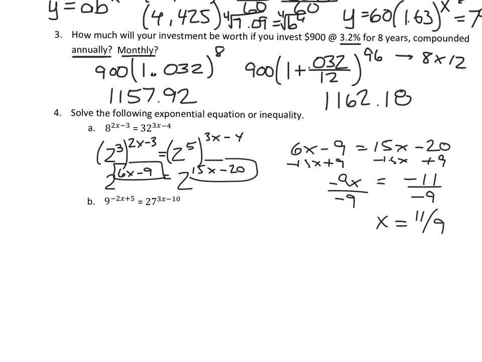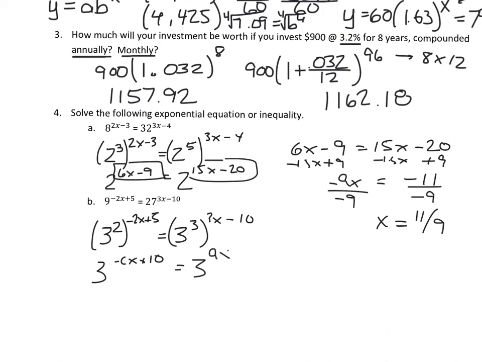Part B, 9 and 27 are both powers of 3, so I'm going to write 9 as 3 squared, 27 is 3 cubed. This is being taken to the negative 2x plus 5, 27 is being taken to the 3x minus 10. Power of power again, so it would be negative 6x plus 10, 3 to the 9x minus 30.